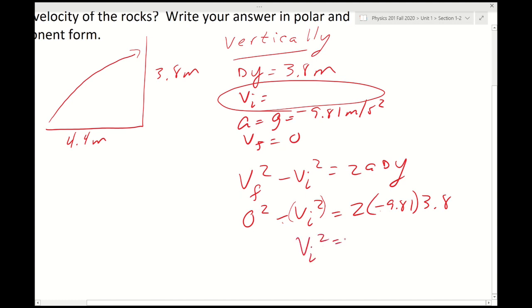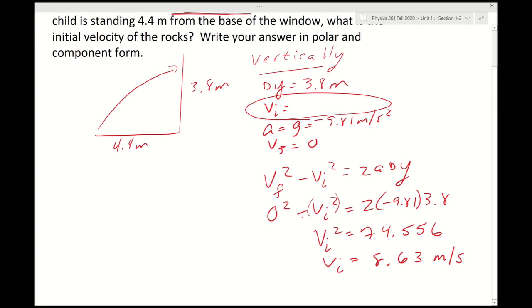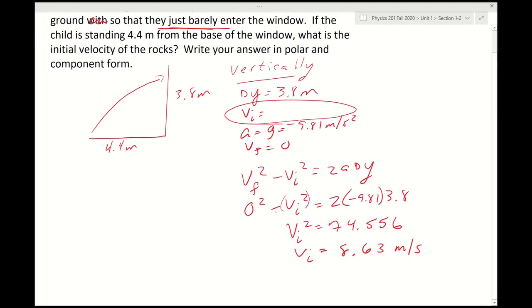So Vi squared is equal to about 74.556, so Vi is going to be about 8.63 meters per second. So that gives us our initial vertical component of velocity.